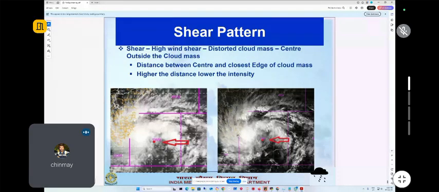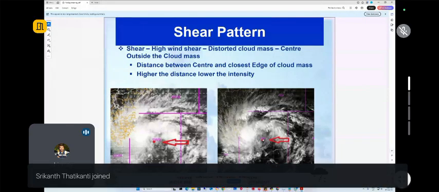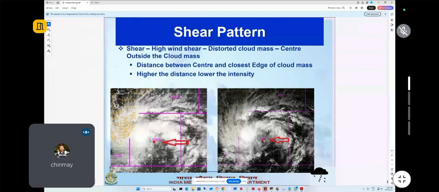This happens because the center is located away, but that does not mean the associated clouding is also only about or surrounding that region. The associated clouding may be blown away from that particular center.